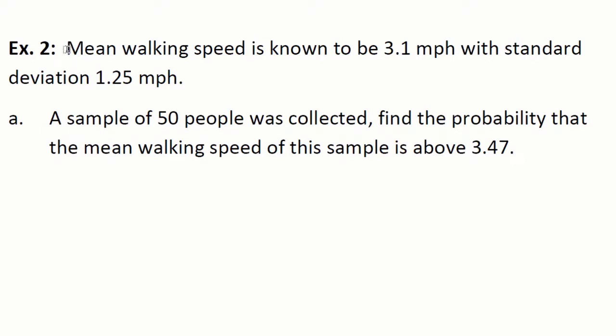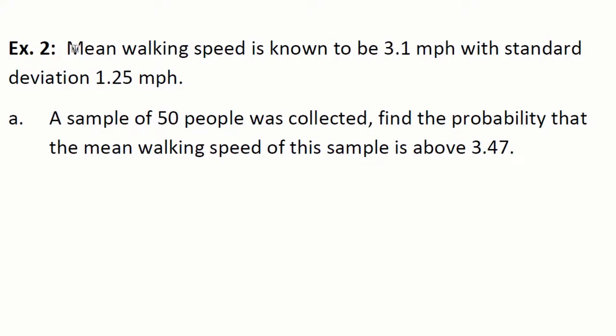So right here in the beginning, if we're looking back at the beginning description here, the wording says mean walking speed is known to be 3.1 miles per hour. So it's indicated here that we have some kind of mean value. But furthermore, this mean value is given without an indication of how big our sample is.